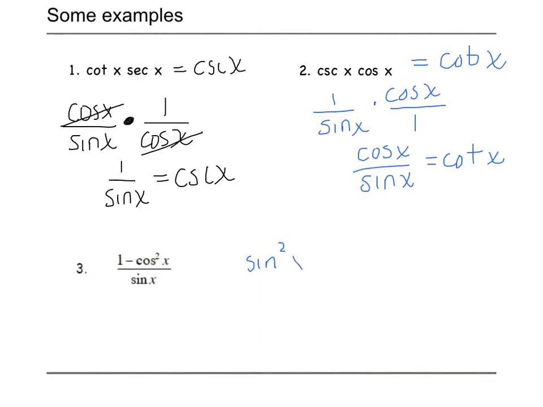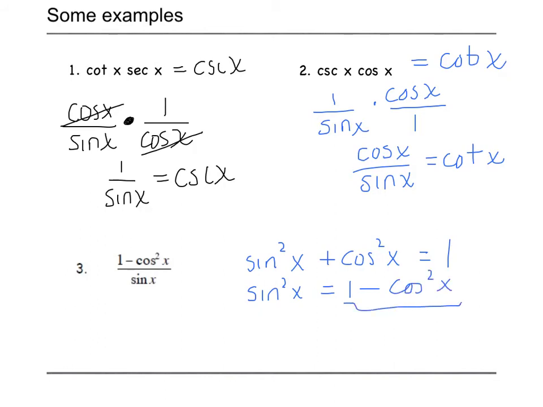Happens a lot. Okay, so this plus cosine squared x equals what? Well, the only number in any of the identities is 1, really, except for the squareds. So I can make this identity look like the numerator if I just say sine squared x equals 1 minus cosine squared x.